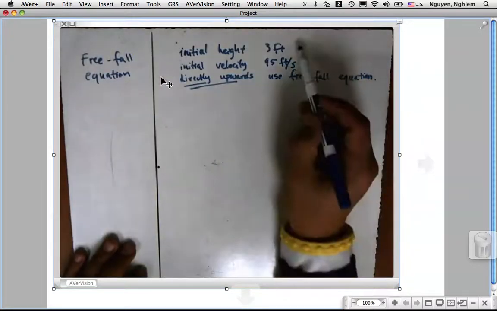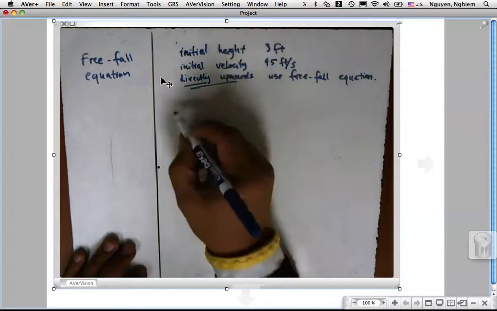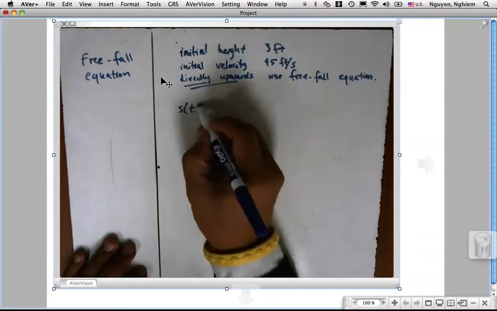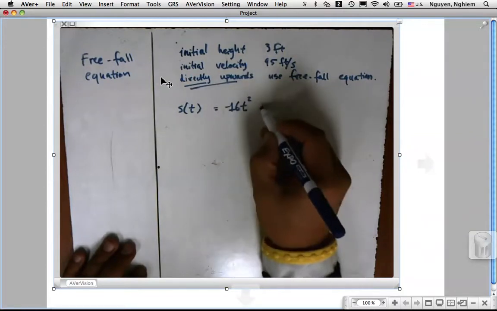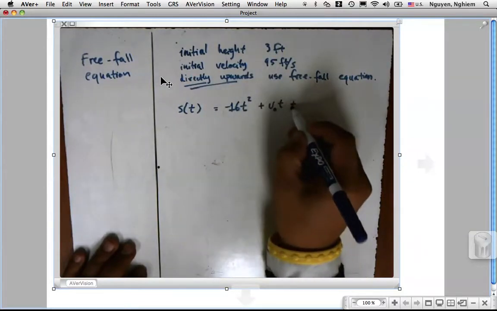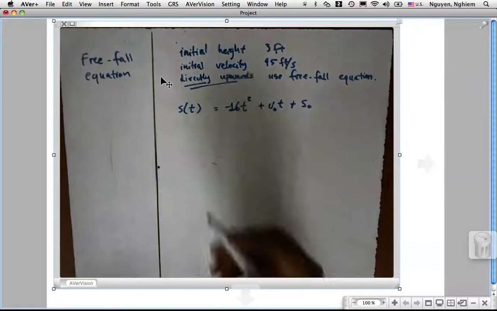And since this is all in feet, we're going to use the negative 16. If it was in meters, we would use the other equation. So just a reminder, this was negative 16 t squared plus v naught t plus s naught. Now we just have to substitute the values into our equation.